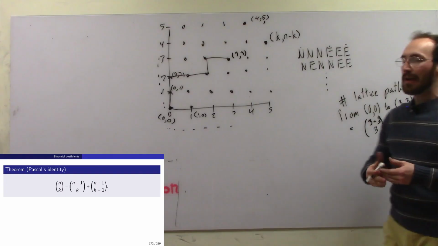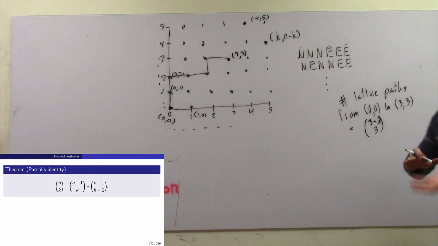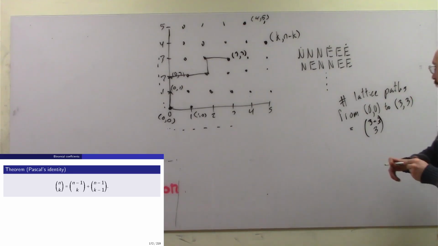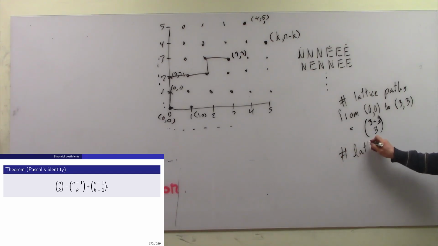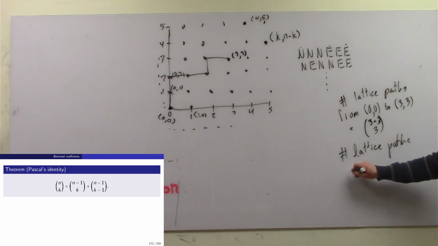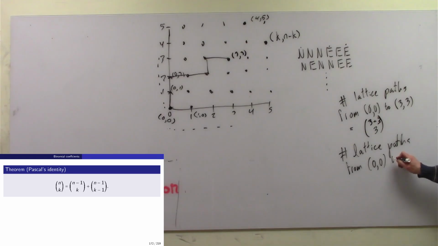That is, I have k north moves and n minus k east moves. So, let's set up again: the number of lattice paths from 0,0 to k, n minus k.